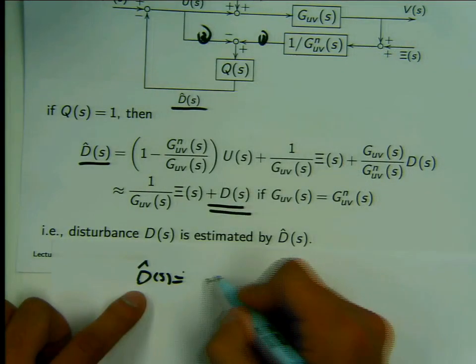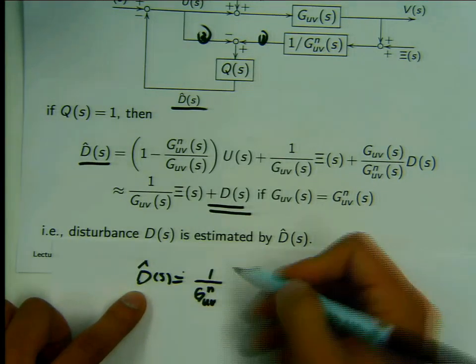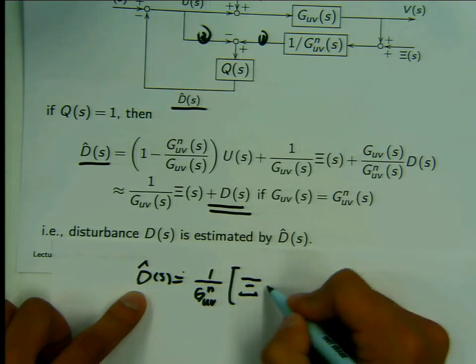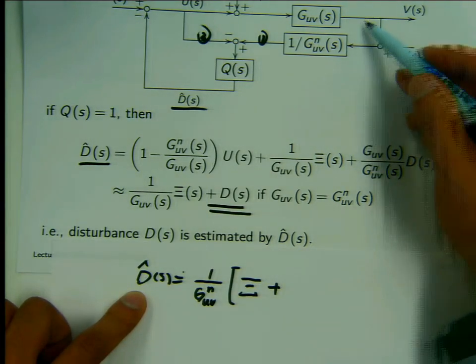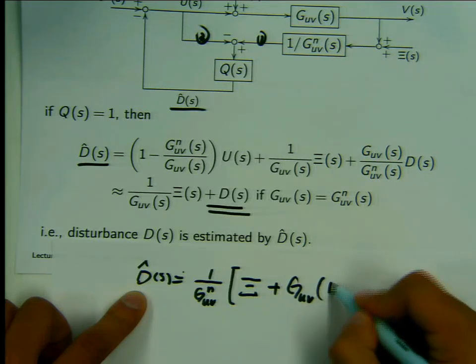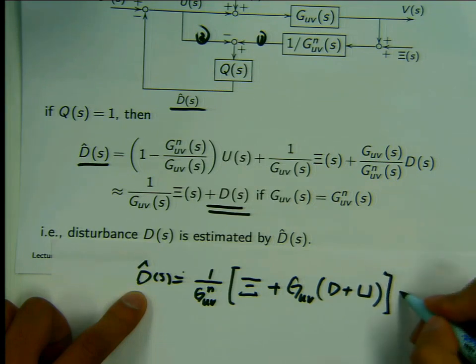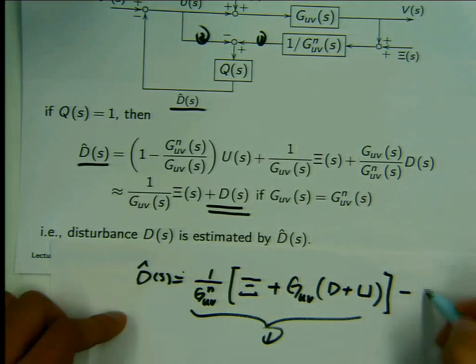Signal 1 equals 1 divided by GUVN times psi plus V. V is now GUV times D plus U. And then I think that's it. So that's signal 1. Minus signal 2, which is U.